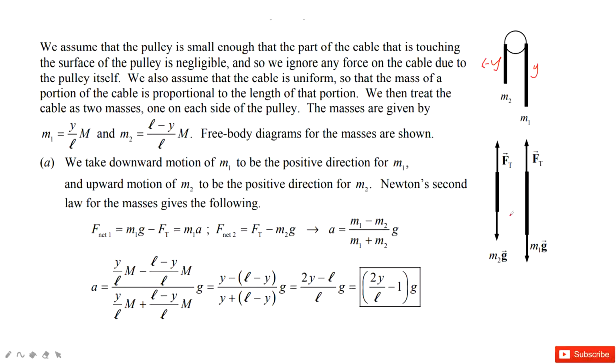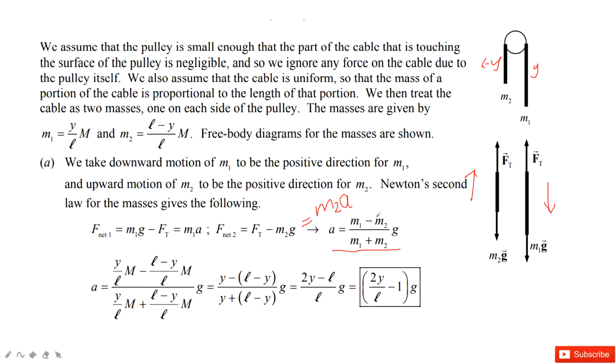And then we look at the net force at the other side, because when this part moves down, this part is up. So the net force for this one is Ft minus m2g, which equals m2a. Agree? Yes.